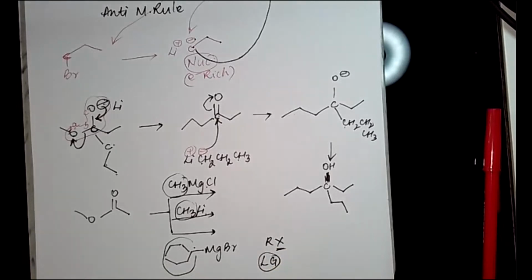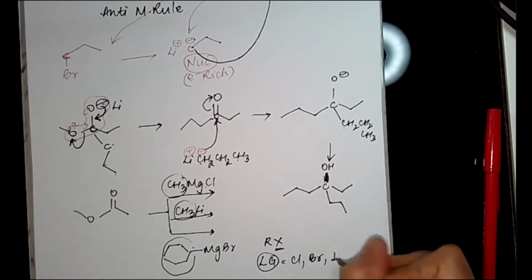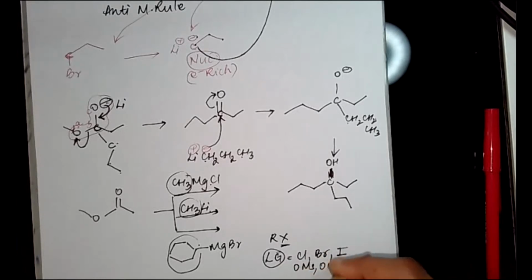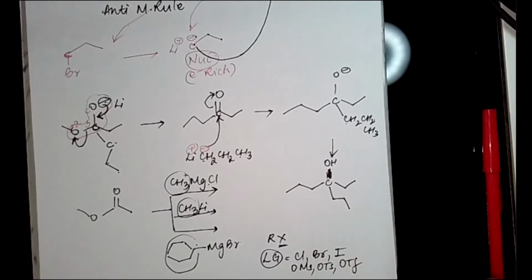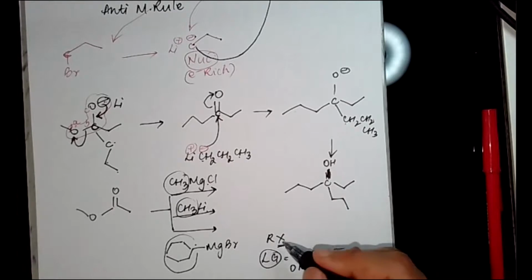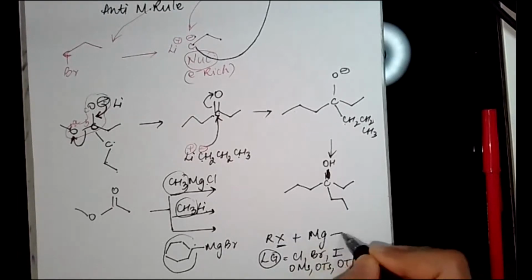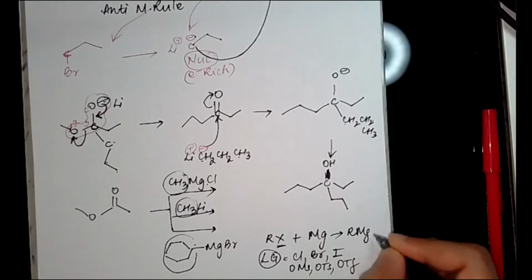What leaving groups do you know of? Chlorine, bromine, iodine. What about fluorine? Fluorine is a bad leaving group. You have RX, OMs, OTs, OTf. RX plus magnesium in presence of ether is going to give you RMgX.